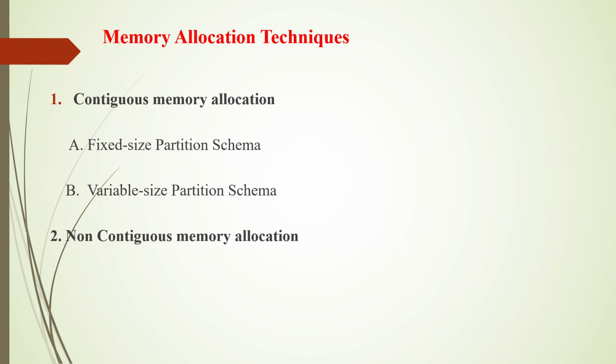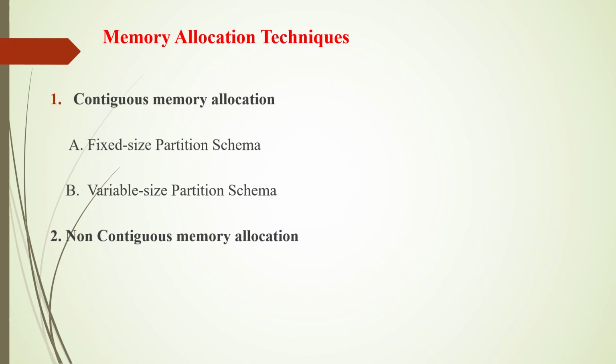In the fixed size partition method, the main memory is divided into fixed size partitions before the execution of the process. Each partition can store only one process at a time. If the process is smaller than the partition size, the remaining memory space is wasted.